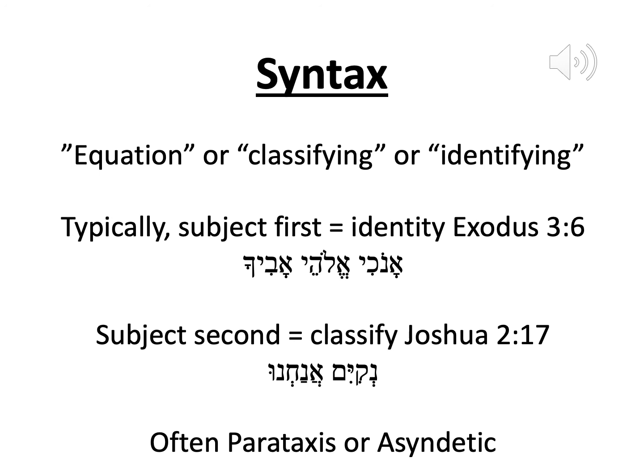Again, these clauses in all cases may be parataxic, starting with a vav, or asyndetic, starting with nothing. Or they may have their particular word, asher, ki, or any other word that's introducing a clause. But we at least need to be aware of the different possibilities of translation and how the clauses are being used as we consider the syntax.